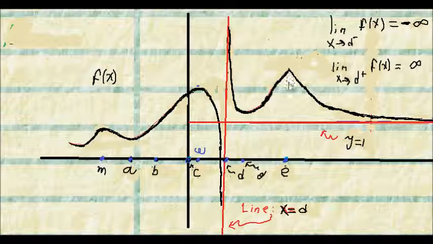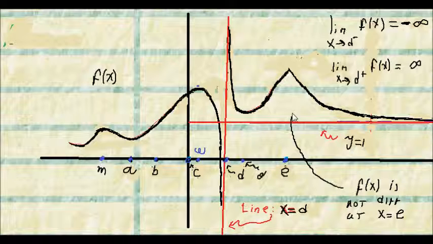So f of x is not differentiable at x equals c. Why is that? Look what's happening at x equals c. We have this sharp beak, so the function is certainly not differentiable there.